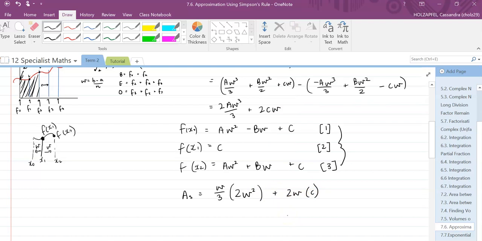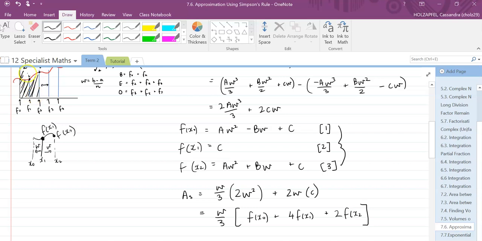Okay, so what we can do then, again, is substitute back in these values of f and these values of x, and we end up with w over 3 for f of x0 plus 4 lots of f of x1 plus 2 lots of f of x2. So this is just for one particular part, right? So this is just for these two areas here.